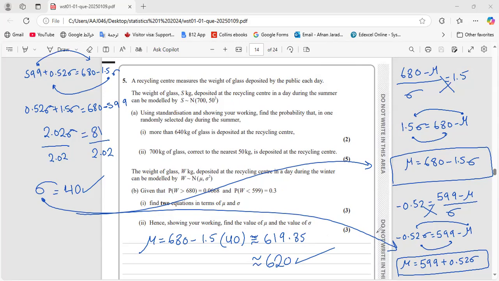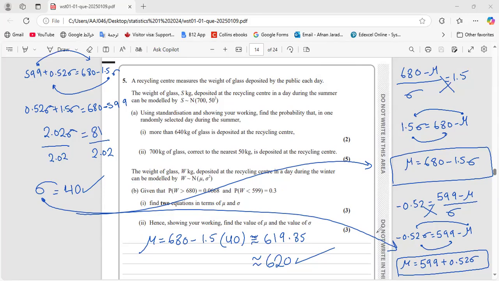Sigma is written in two significant figures, and mu to three significant figures, so it's 620.